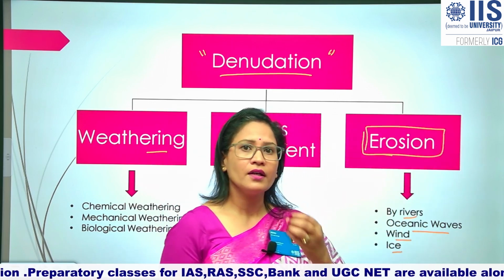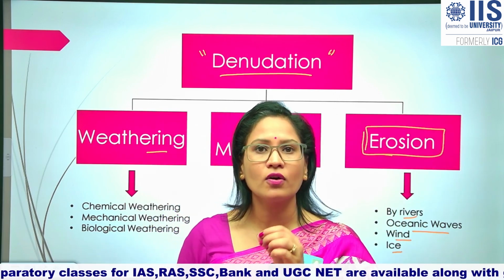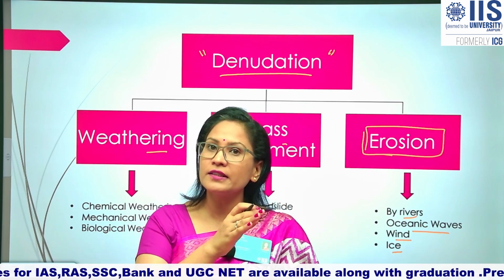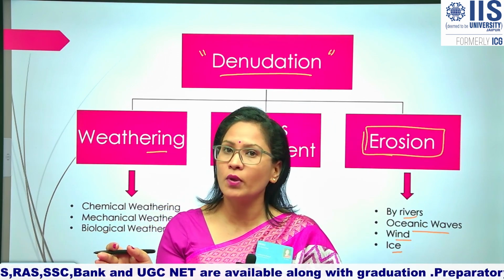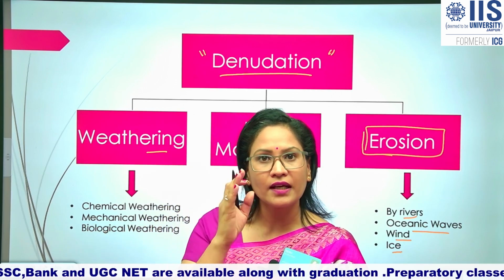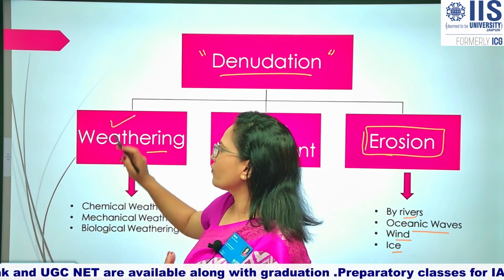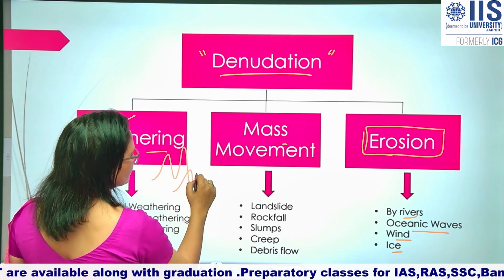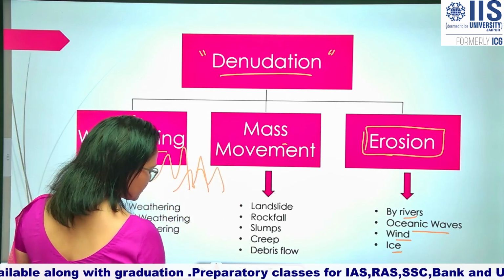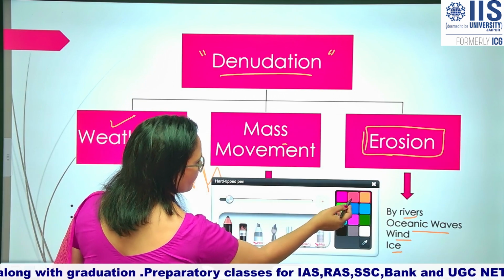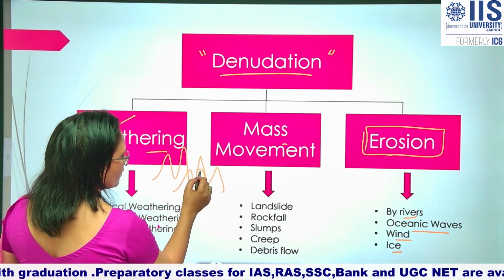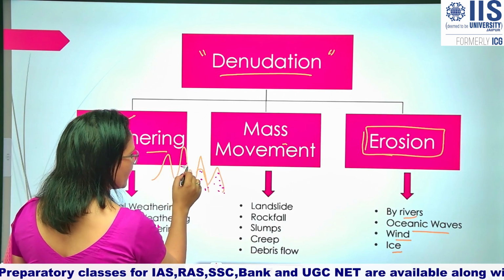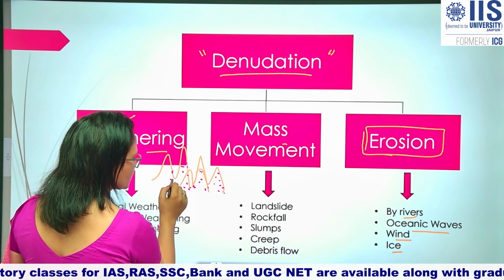What happens if the debris material or the eroded material or the disintegrated material is not displaced from one place to another place? Then that process will be known as weathering, right? I am just giving a picture. These are some mountains, right? It is the eroded or disintegrated material from the higher altitude towards the lower altitudes, right?